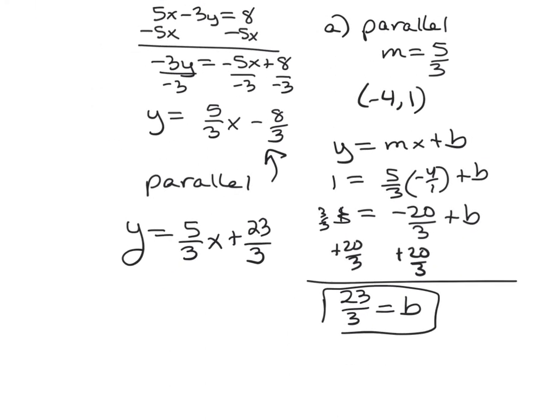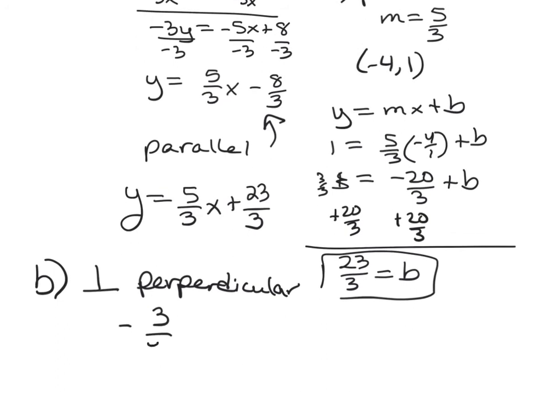So for the perpendicular part, we're going to take the slope that we found, change the sign, and flip the fraction upside down. So the slope for the perpendicular line is going to be negative 3/5. Again, I can do slope intercept form like I just did, or I can do point slope.